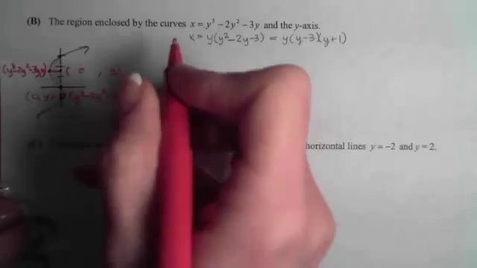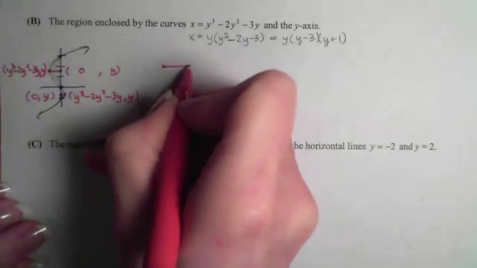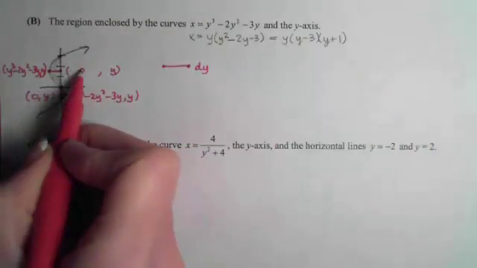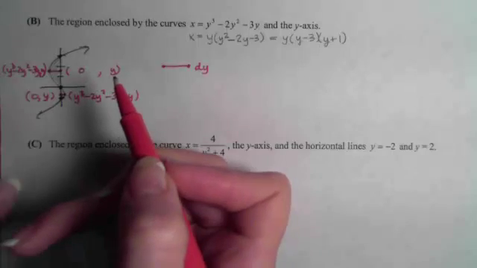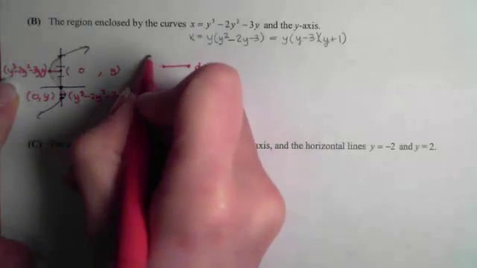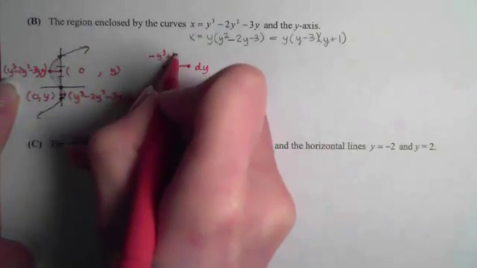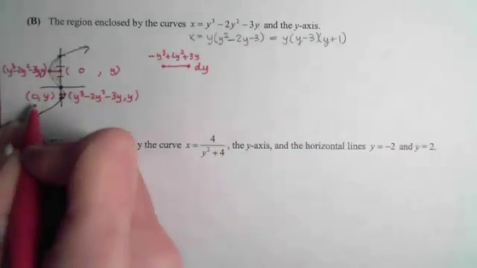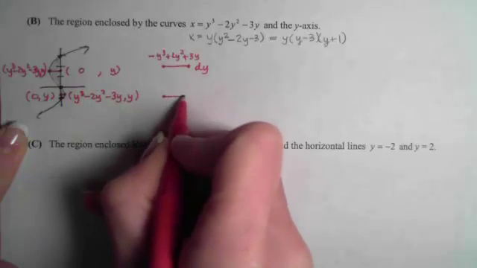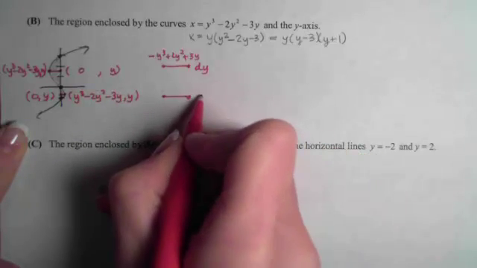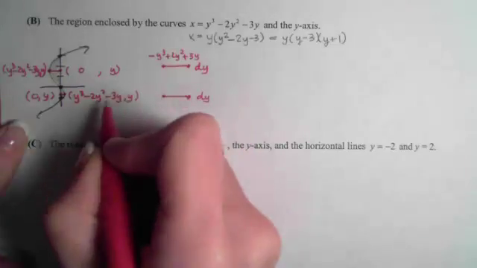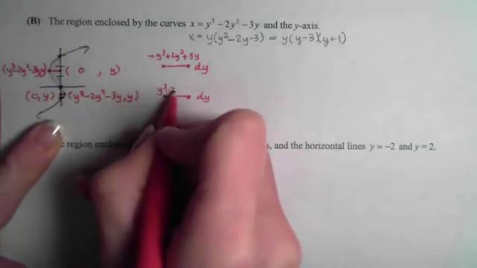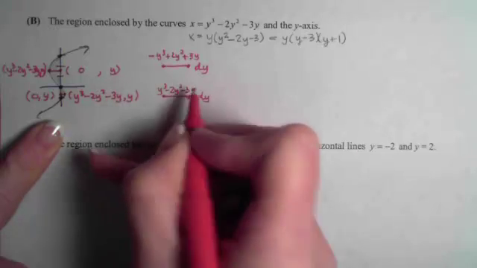So for this first strip, its length is dy, and its width is 0 minus this. So that means I'm going to change the sign. So that'll be a negative y cubed plus 2y squared plus 3y. For this second strip, the width is still dy, only this one, the height is the right minus the left. So it's y cubed minus 2y squared minus 3y.